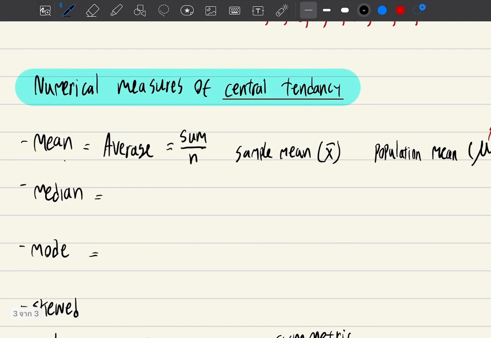The next one is the median. Median is the middle value when the data points are arranged in ascending or descending order. For example, 1, 2, 3, 4, 5. The median is 3 because it's at the middle.